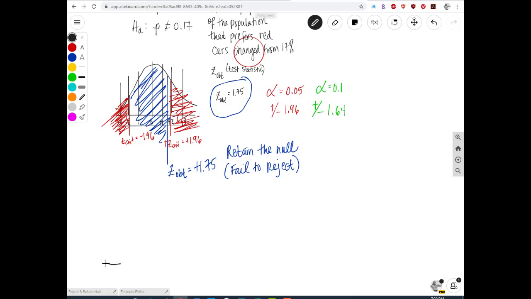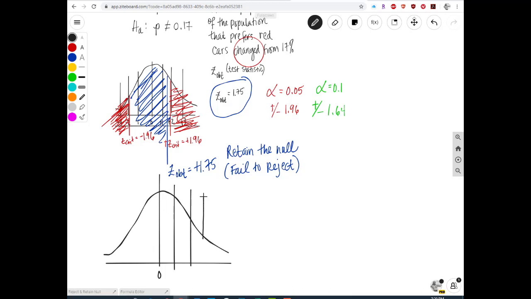Okay, so here's another curve, and I'm going to try to make this more symmetrical. I'm going to put 0 right in the center: 1, 2, 3, and negative 1, negative 2, negative 3.